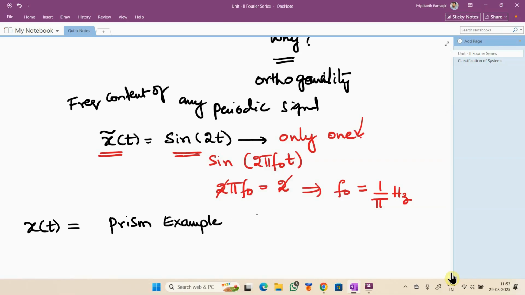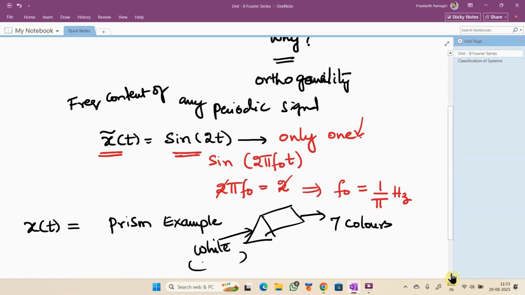Okay, right. The prism example. So if you observe that when I give white light as an input, what do you observe in the output? Seven different colors. Yeah. So this is actually understood as only one frequency, but it is a combination of seven different frequencies.